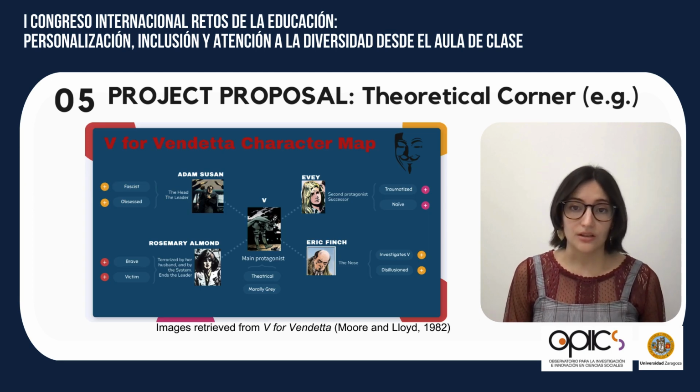For these reasons, the poster proposes that students prepare a mind map in groups, aiming at improving their written reception as well as organizing and understanding the characters of V for Vendetta. To do so, they are provided with a link to an example of what their mind map should look like.